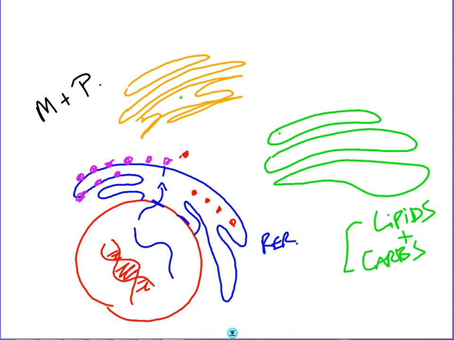Signaling proteins, for example, are often glycoproteins, and these will require a carbohydrate group as part of their quaternary structure. It's part of their structure that enables them to carry out their function. So they get those, or require those, from the SER.